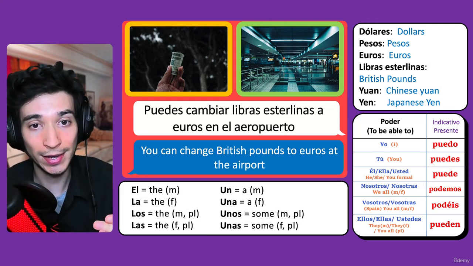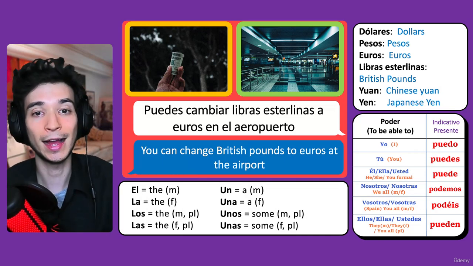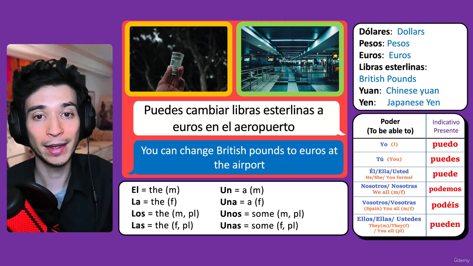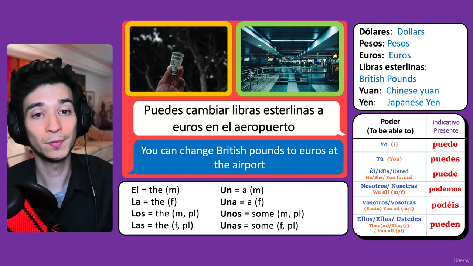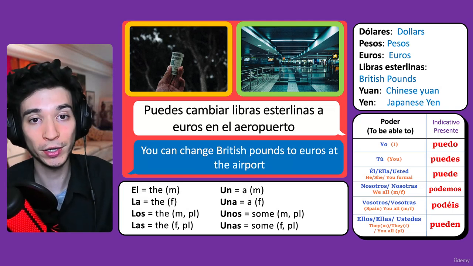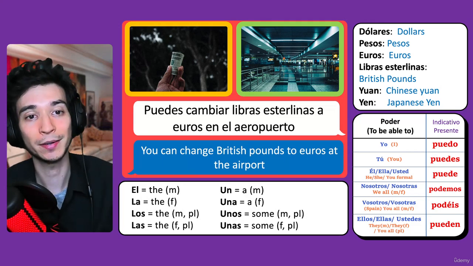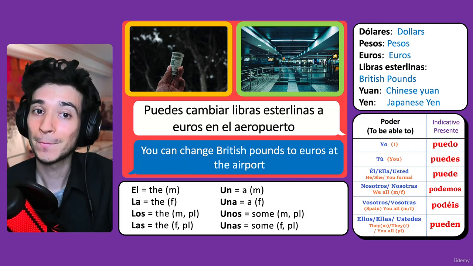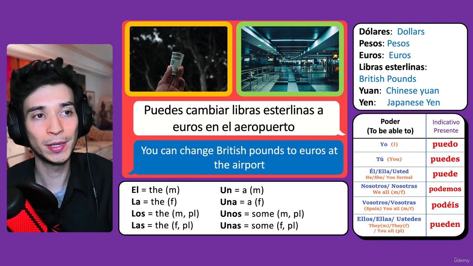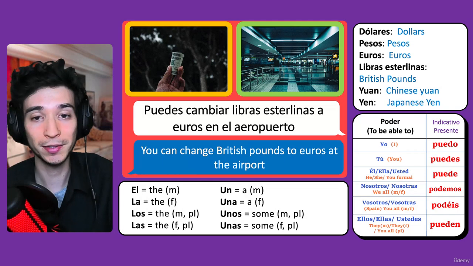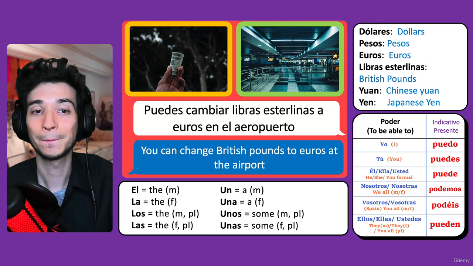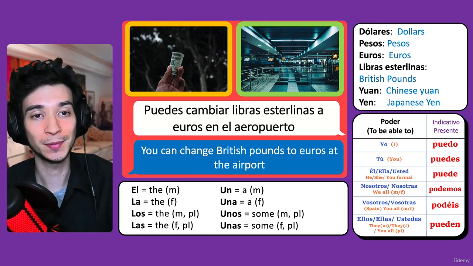So yeah, when it comes to exchanging money, we say cambiar dinero, to exchange money. Okay, cambiar monedas, that one means to exchange currency actually. Cambio de monedas means currency exchange.